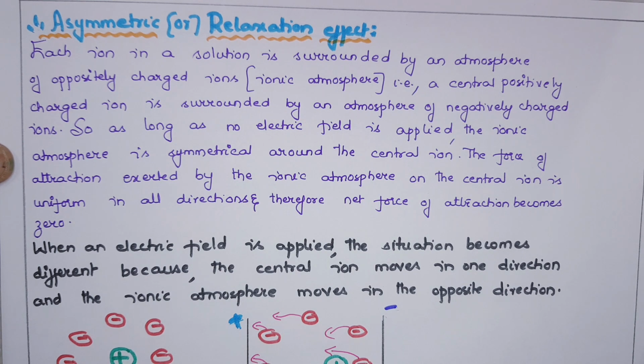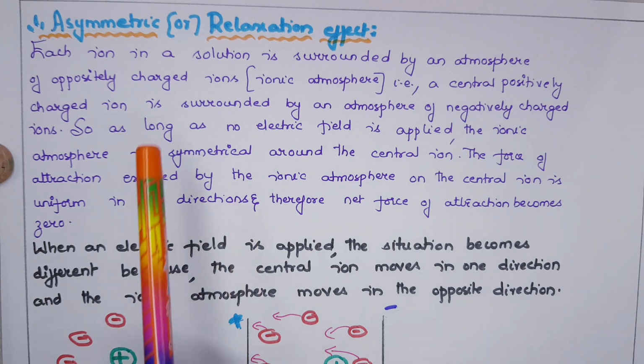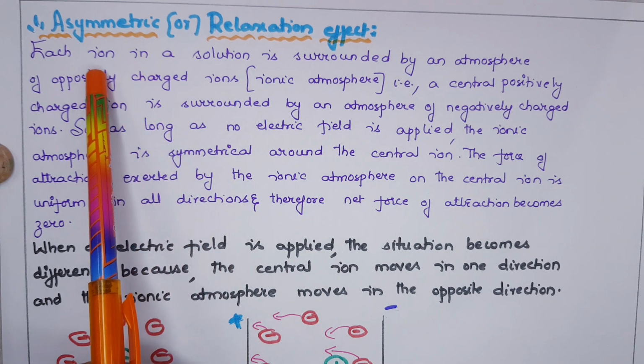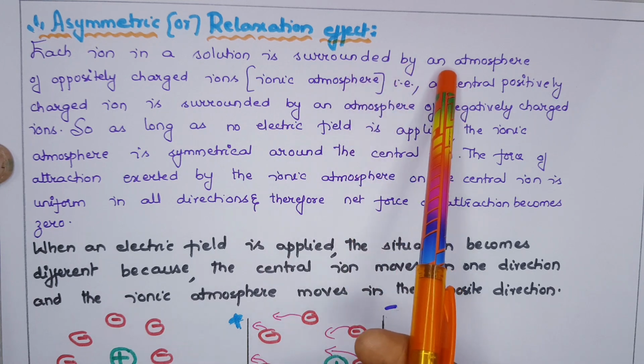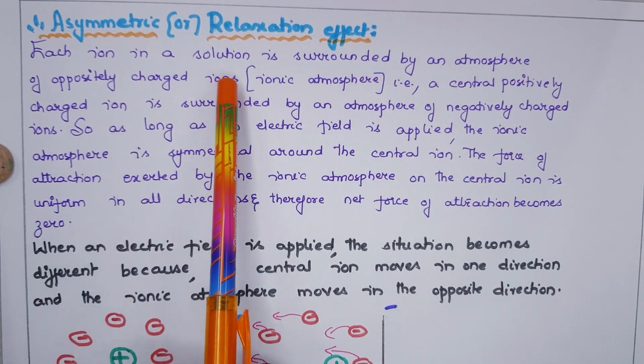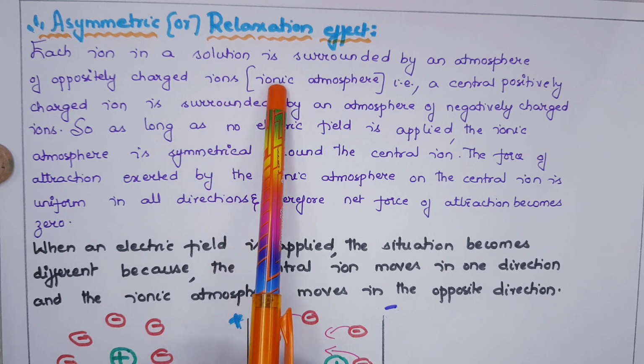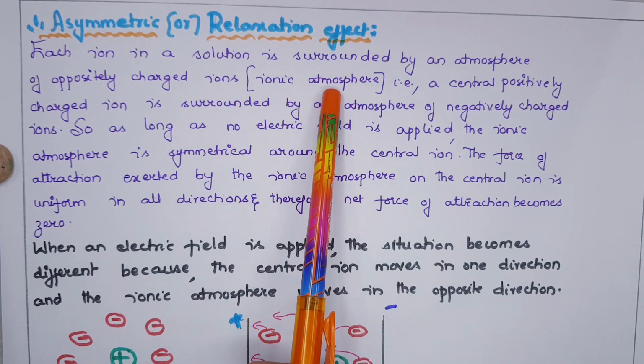Students, you all know that in a solution there will be two ions, positive and negative ions. Okay. Now a positive ion will be surrounded by negative ions, or a negative ion will be surrounded by positive ions. Okay. So the same I have written here. Each ion in a solution will be surrounded by an atmosphere of oppositely charged ions, which we call the ionic atmosphere.